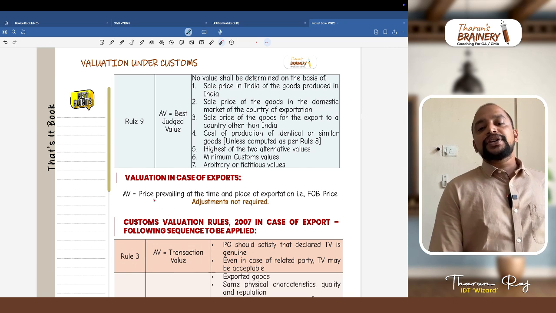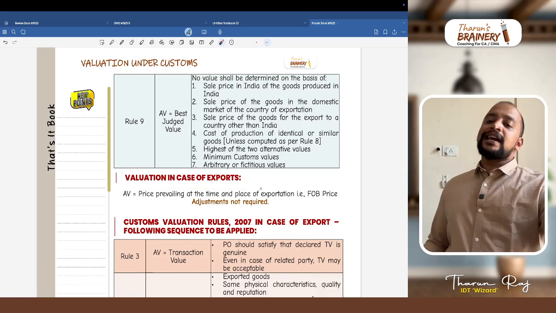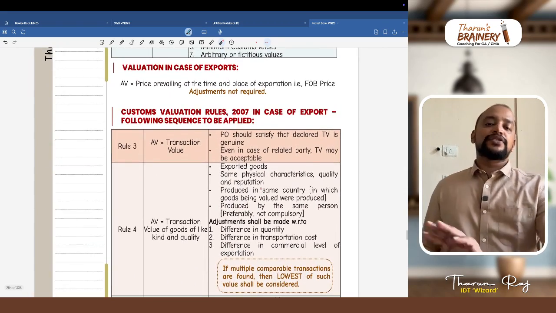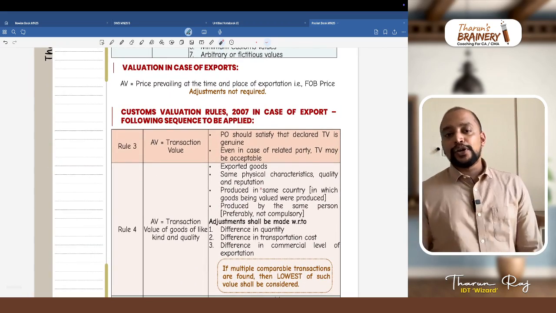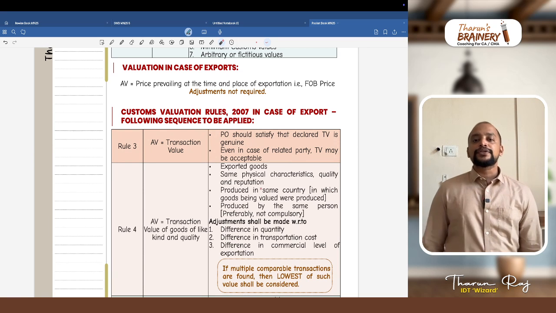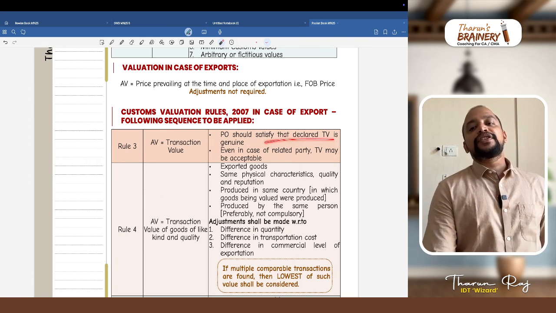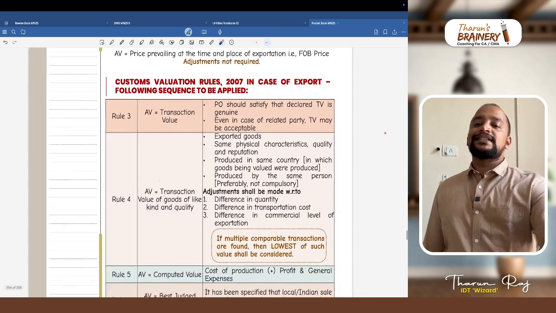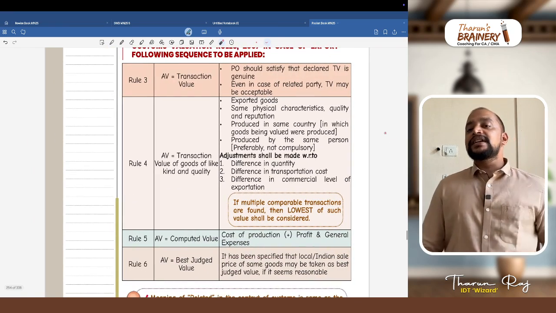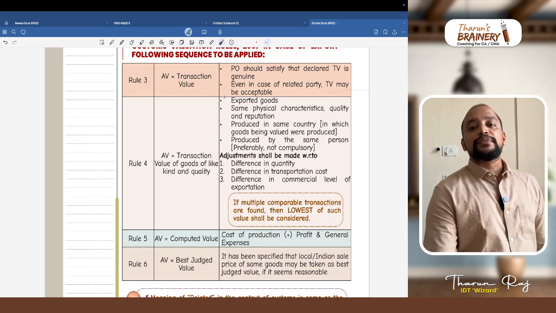Then valuation in case of export is simple: we take the FOB price and adjustment is not required. In case of export also, we have valuation rules. Rule 3: assessable value equals the transaction value, but the proper officer should be satisfied that the declared transaction value is genuine. Even in case of a related party, the transaction value may be acceptable.